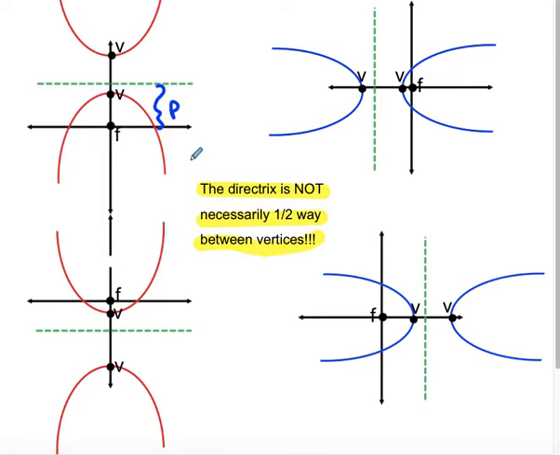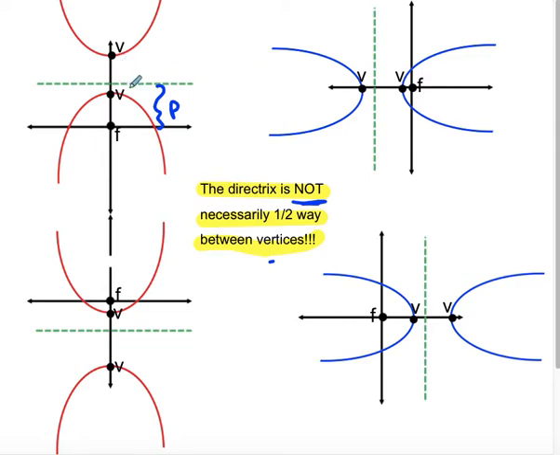But here's the main thing you need to know for hyperbolas, what I have highlighted right here. The directrix is not necessarily halfway between the vertices. I think a lot of people, when you graph it and you get your vertices, are going to want to put that directrix exactly halfway between the two vertices, and it's just not always.